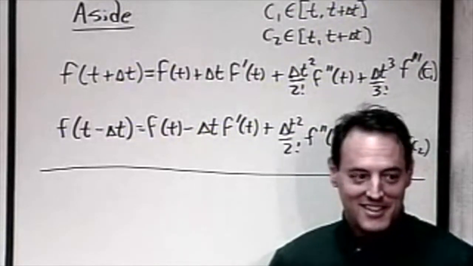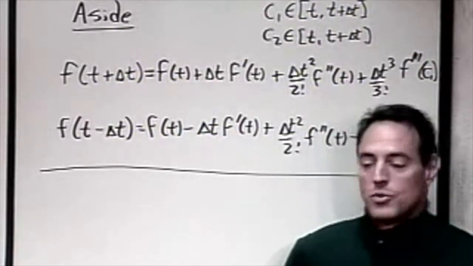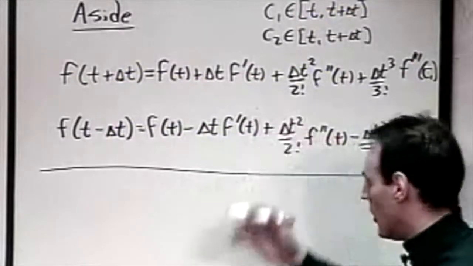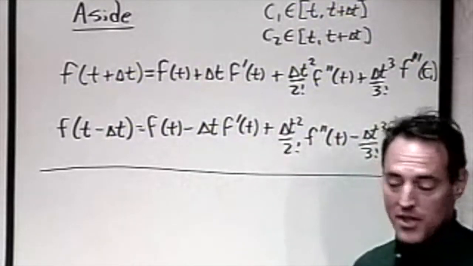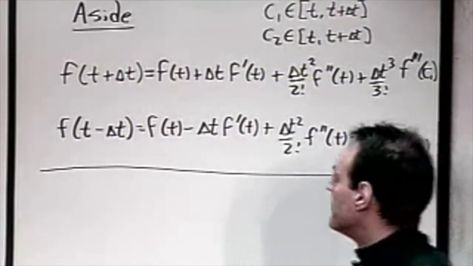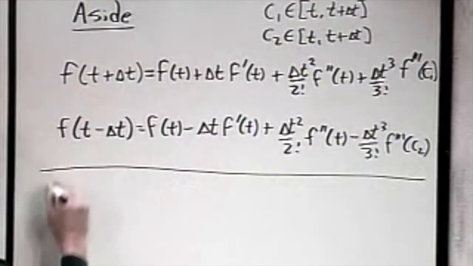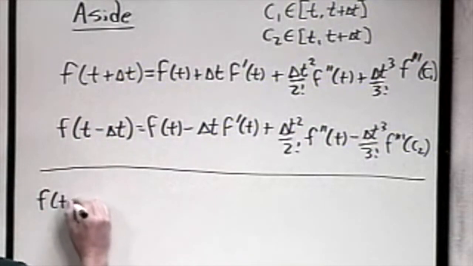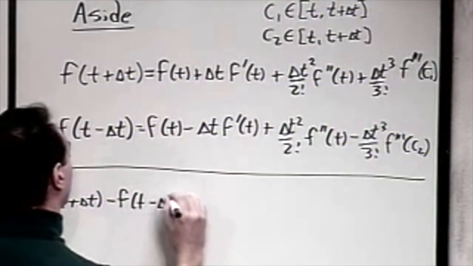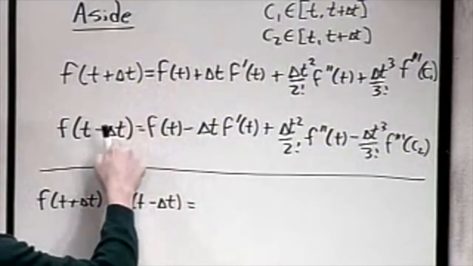Okay, here's the observation, the enlightenment that comes from this, which is just simply, how about if I take these two equations, subtract them from each other? Watch what happens. Subtract them. What do you get? Well, this minus this gives you f of t plus delta t minus f of t minus delta t is equal to f of t. So we're subtracting this from here.